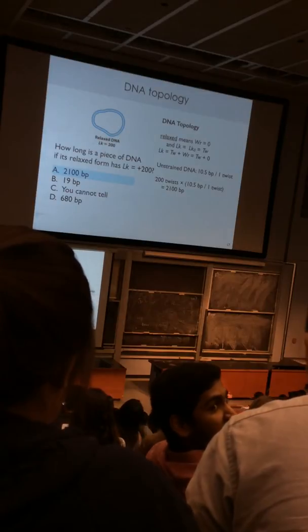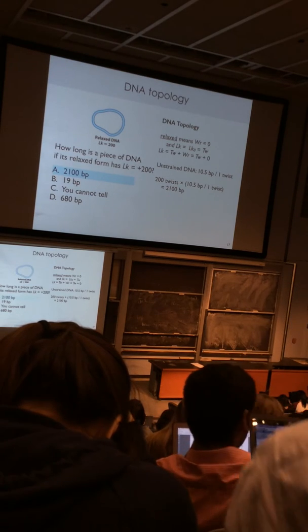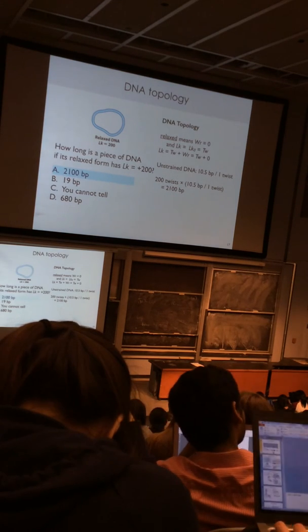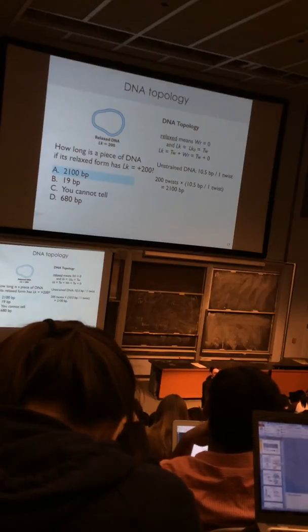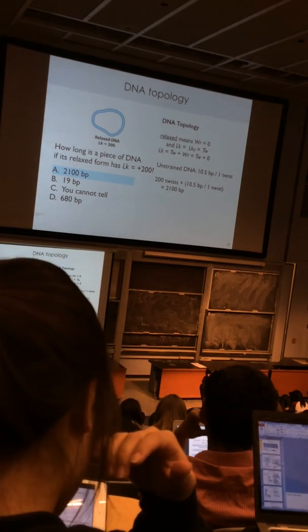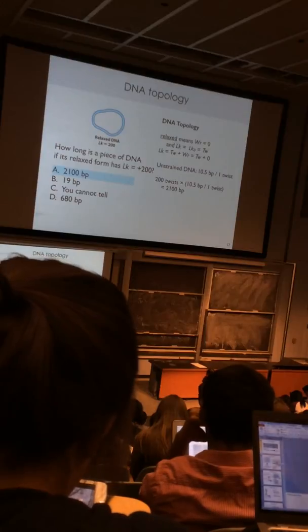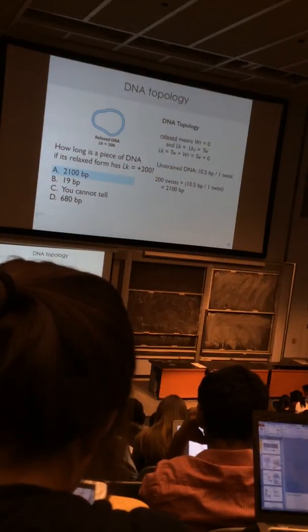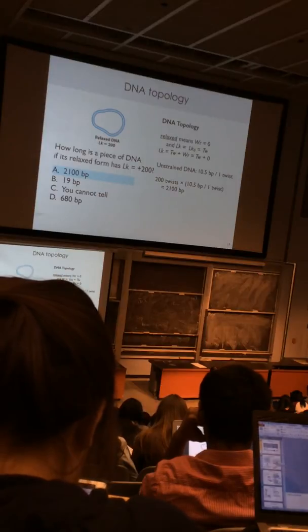If the twist didn't match the ideal for B-form DNA, then there would be strain, and the DNA would relieve that strain by adopting writhe. And so unstrained DNA is 10.5 base pairs for one twist, and there's no writhe because it's relaxed. As we just said, there's 200 twists times this 10.5 base pairs gives us a 2,100 base pair piece of DNA.